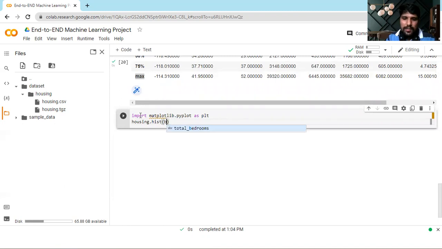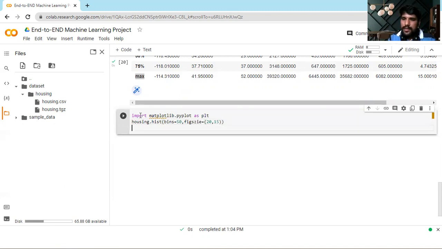Bins is the number of blocks we must consider. So we consider 50 blocks, and then I mention figsize equal to 20 comma 15, and then plt.show.